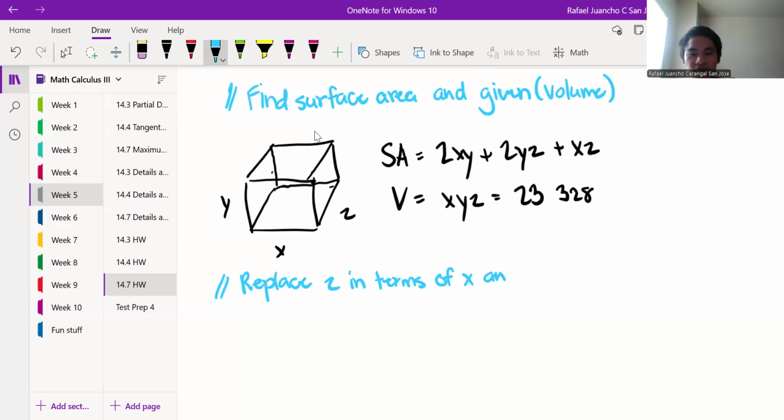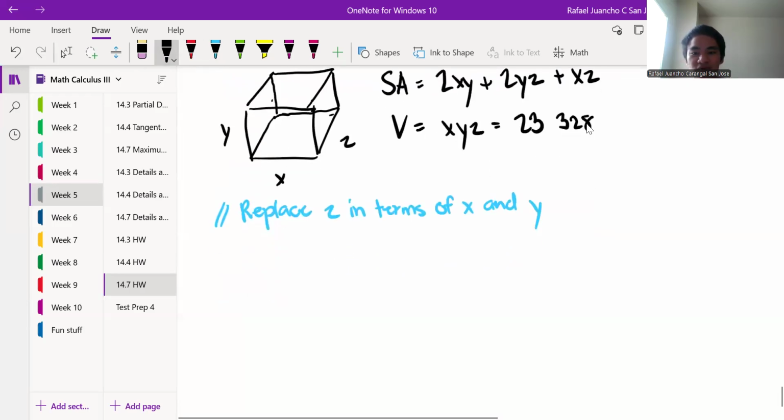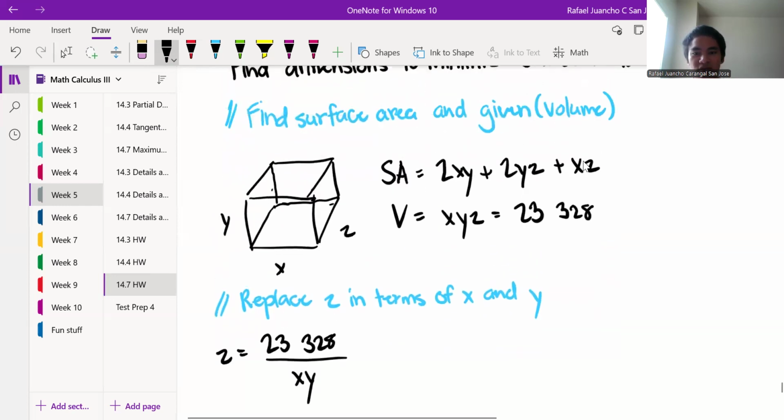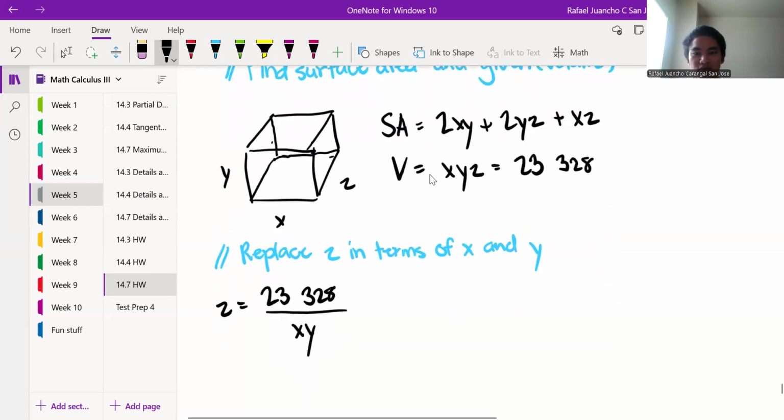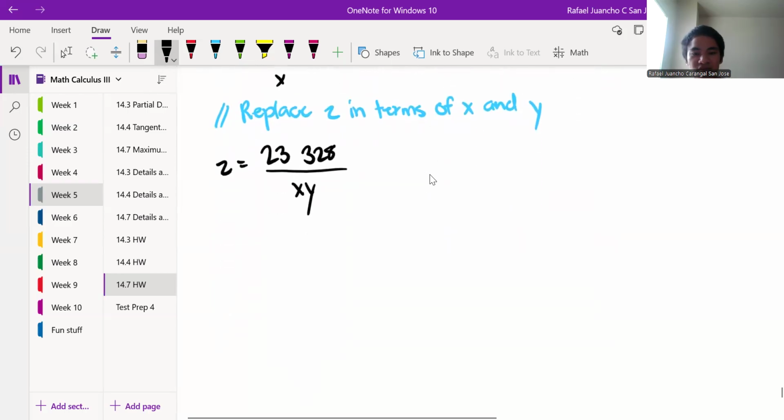Because we want a function of two variables, I'm going to use my volume formula. So z is just 23,328 over xy. And I'm going to plug that into my surface area function.